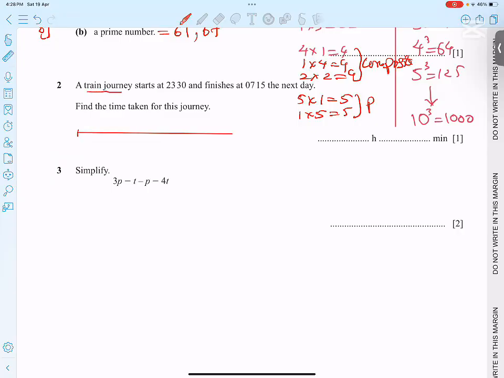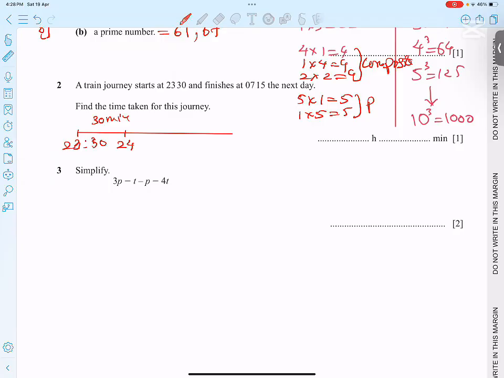A train journey starts at 20:30 and finishes at 7:30 the next day. So in common sense, starting at 23:30, after 30 minutes we get 24:00, and the day changes.